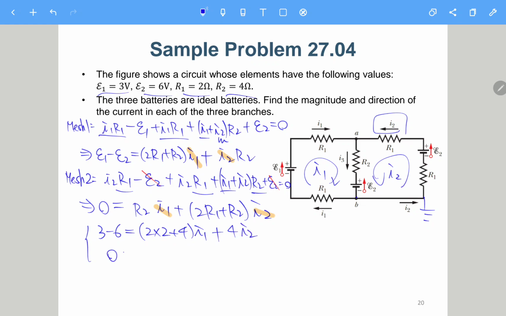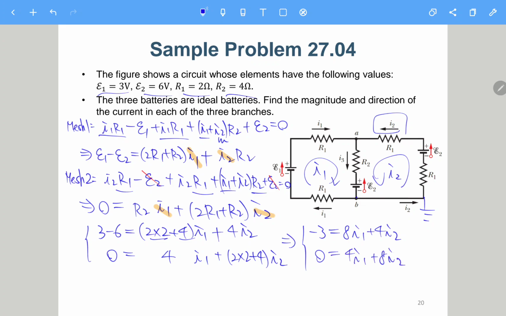And then here we have 0 equals 4 I1 plus 2 times 2 plus 4, times I2. You can simplify it. Negative 3 equals 8 I1 plus 4 I2, and 0 equals 4 I1 plus 8 I2. So you should be able to solve it.